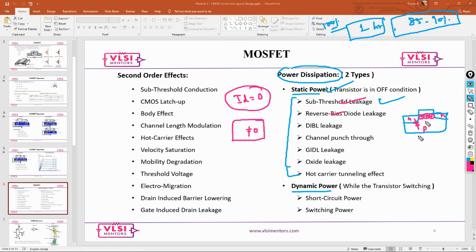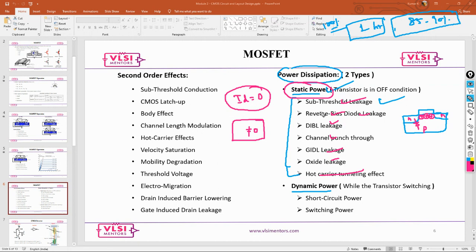This is what we call P and N, a reverse bias diode leakage. And the next one is DIBL and channel punch through, some other leakages, hot carrier, and these all contribute to the static power numbers.